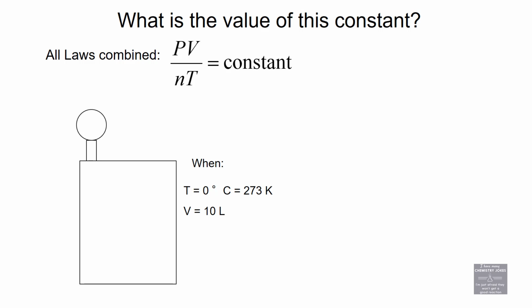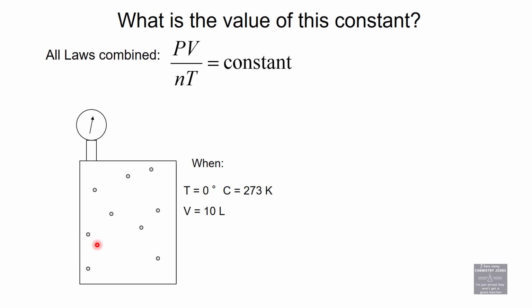Okay. So we said, if we combine all those laws, we get this equation up top, that some constant is equal to P times V over N times T. Well, if we have the system described here, that is 273 Kelvin, that's our unit of temperature in all this gas stuff. We'll see temperature in Celsius a lot, but Celsius plus 273 gives us Kelvin because our standard unit of temperature is Kelvin. 273 Kelvin and 10 liters, and I have some gas in there.